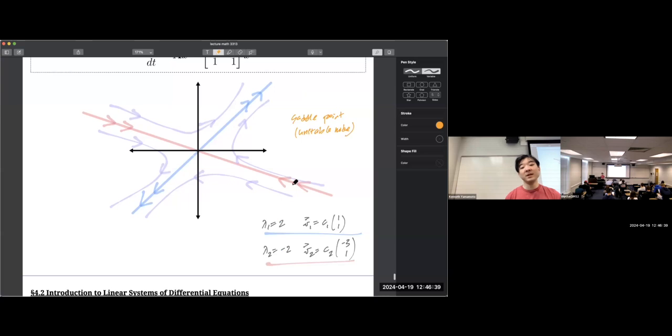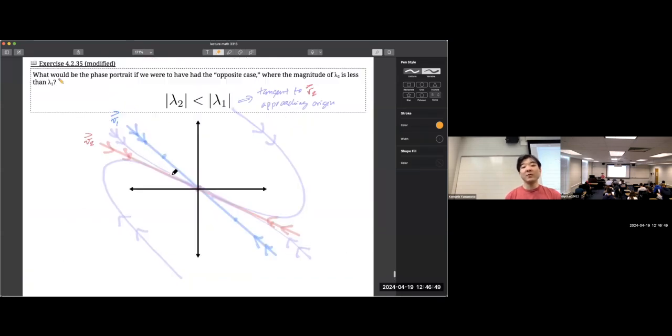This one's easier because they just go with the flow: the red is pulling me in, whereas the blue is pulling me out. In the same-sign case, the red and the blue are both pulling me in, and then it's a matter of figuring out which one is pulling me in faster than the other, and that's why it bends in certain ways.